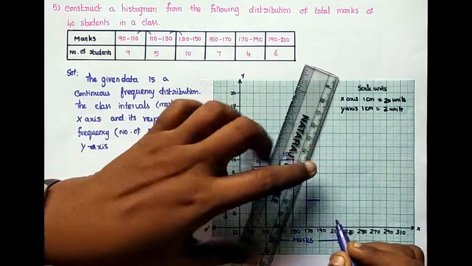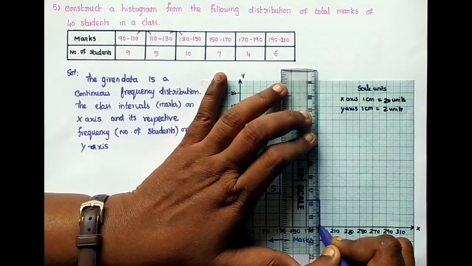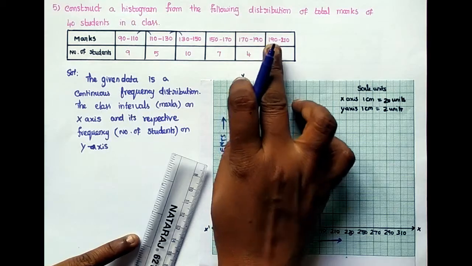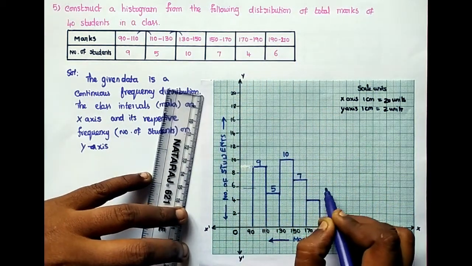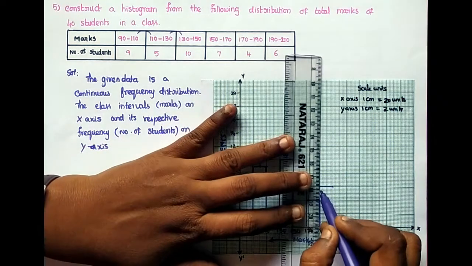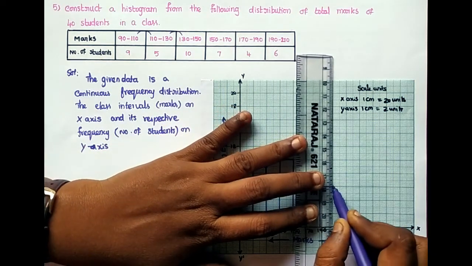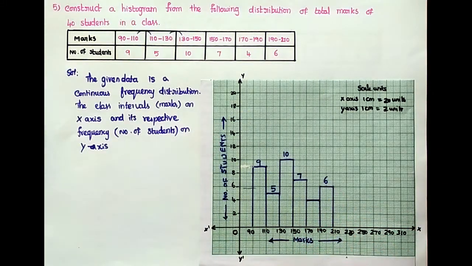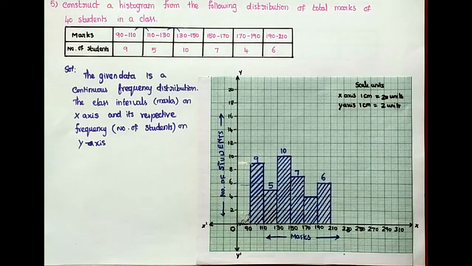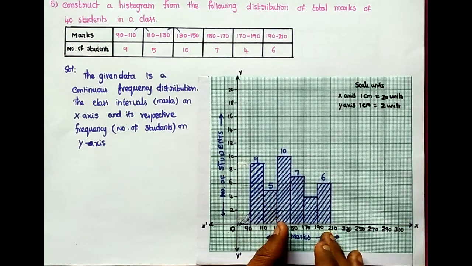Here 4. Next one, 190 to 210, 6. Here 6. Now shade it. So here, that is x-axis, x dash, y dash, and here is the origin, and draw the histogram like this. That is the answer.